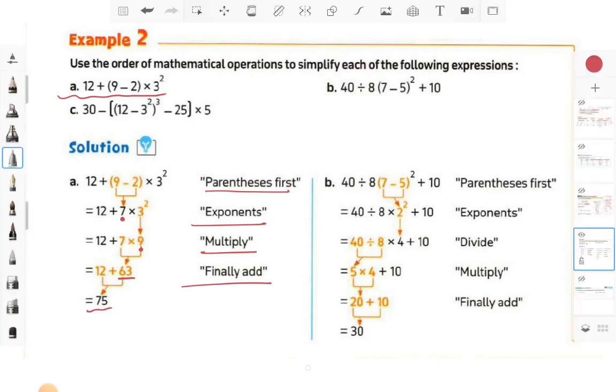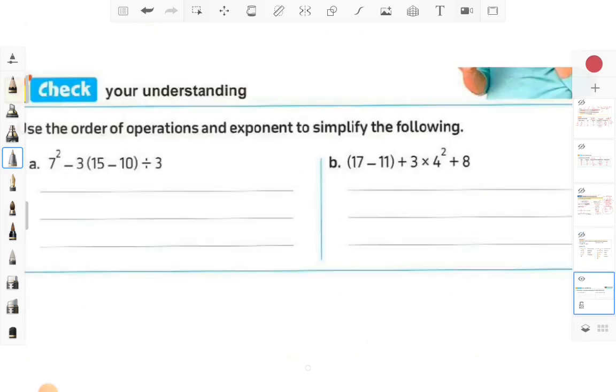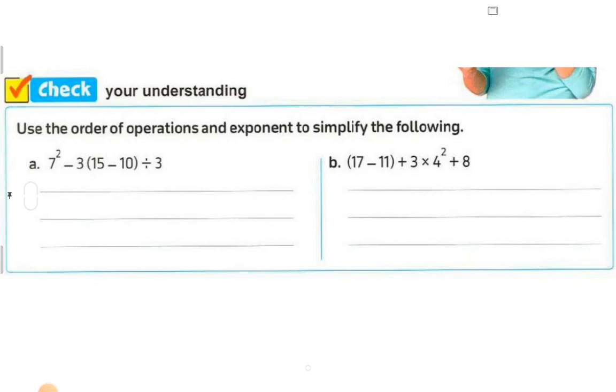Go to our check to solve it with each other. Check your understanding. Use order of operations and exponents to simplify the following. Part A: 7 power 2 minus 3 by parentheses of 15 minus 10, divided by 3.